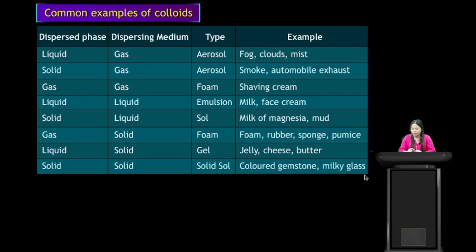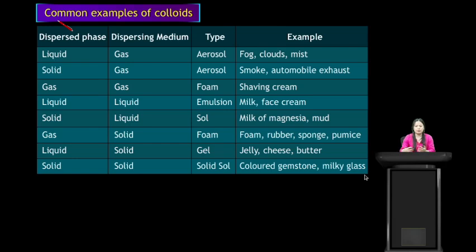The dispersed phase is the solute-like component and the dispersion medium is the solvent-like component. Depending on the dispersed phase and dispersion medium, we have here some common examples of colloids.